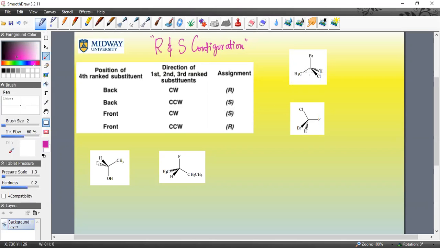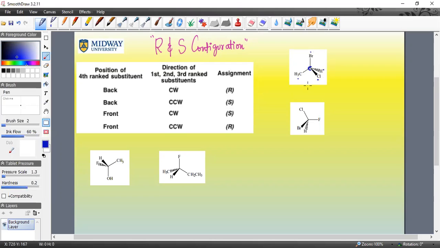If you notice, in all these 4 compounds I've shown here, we have a single carbon, because I don't want to start off with a 2 or 3 carbon chain, as that's going to get really confusing. Let's start with the simpler version. So all these have a carbon at the center, attached to a Br, a CH3, a Cl, and a H. How do we assign priority to these?